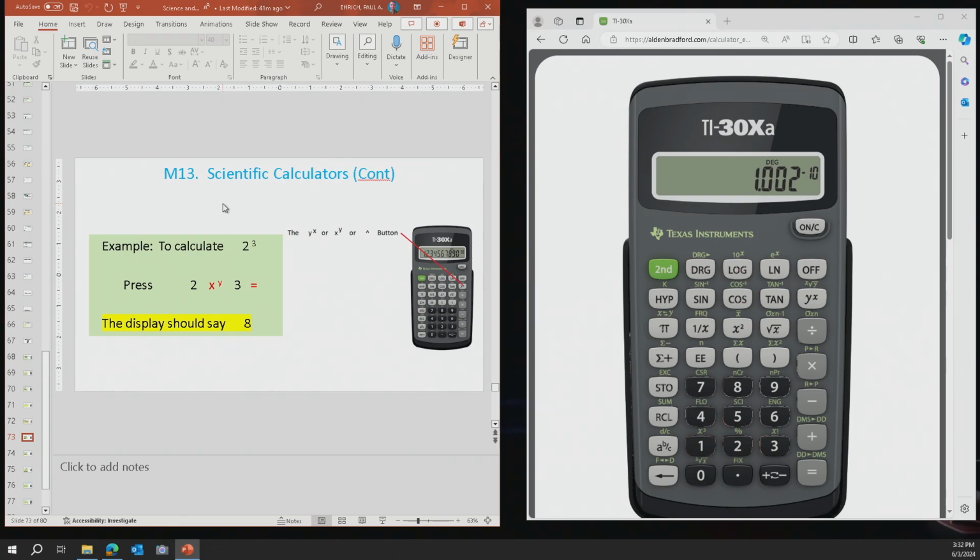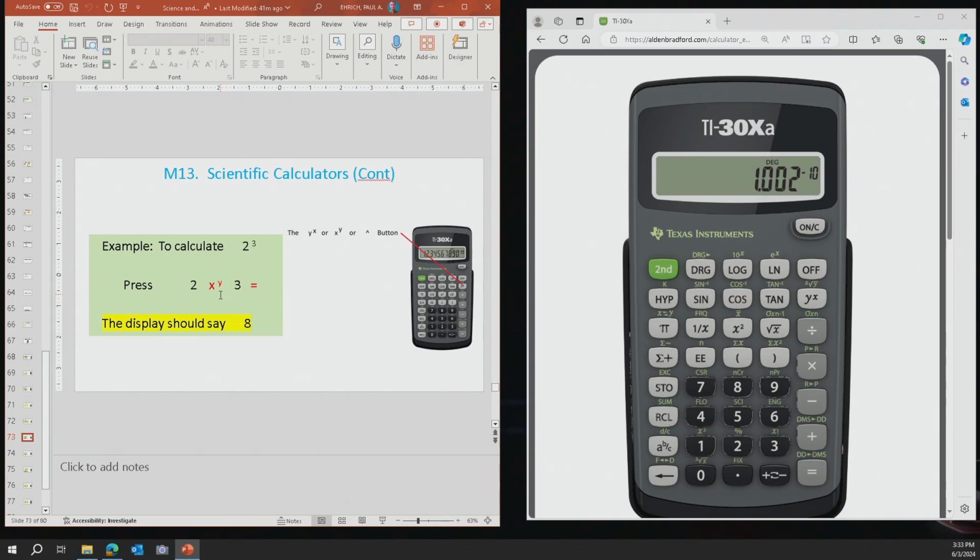So I'm going to show you how to use it with the X to the Y button. And as you can see, it's right here. So this one says Y to the X, and it doesn't make any difference which button it is.